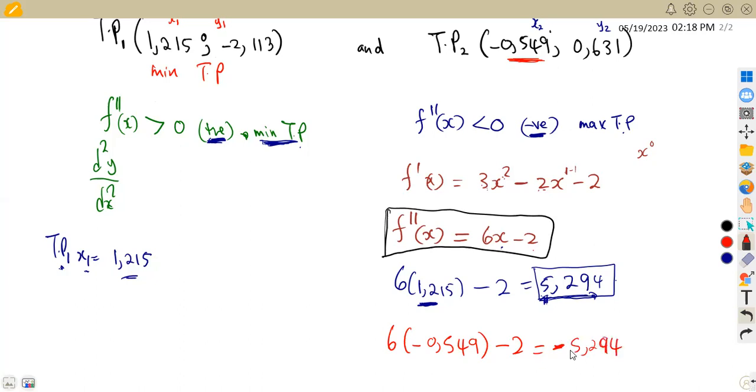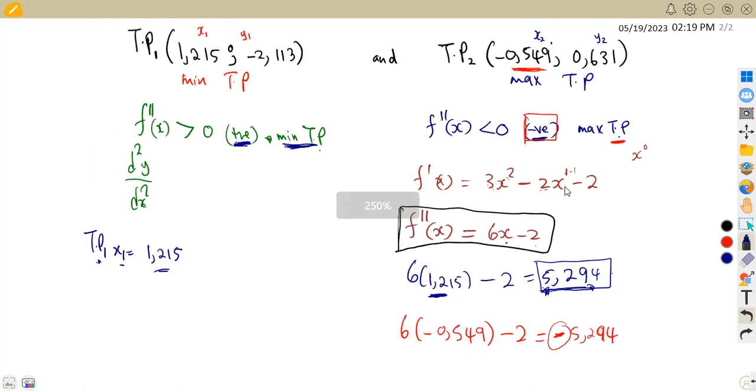So this is negative. The second derivative is giving us a negative, which means the point where we have taken this value is a maximum turning point. That's how you differentiate points to say whether it's a maximum or a minimum turning point.